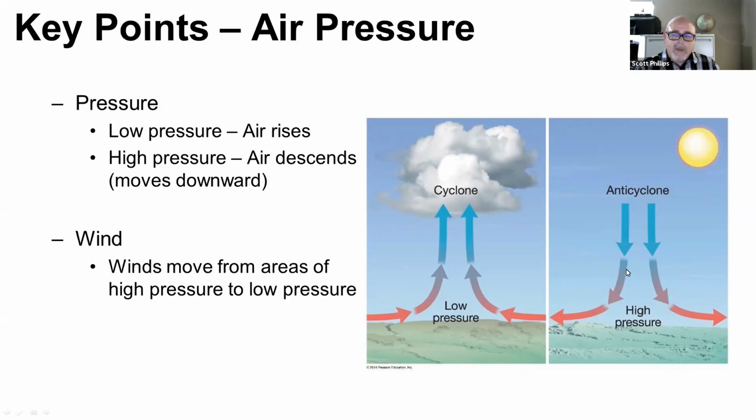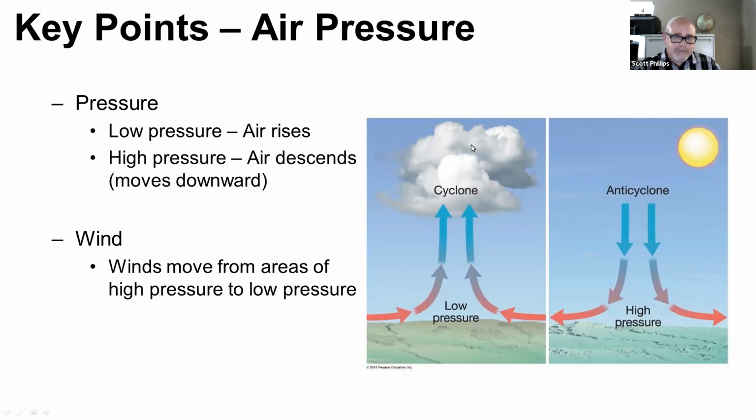Winds are responding to this, moving air from high pressure, where there are extra molecules, to low pressure, where there's less density of molecules. It's a three-dimensional system where air is moving upward and downward, and also moving at the surface to fill in those gaps.